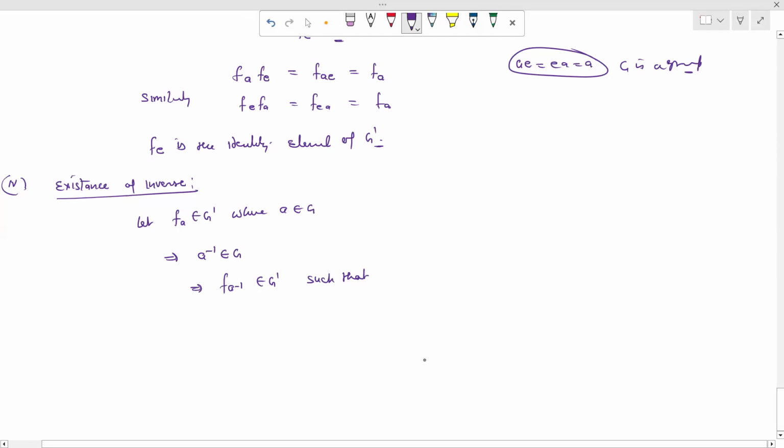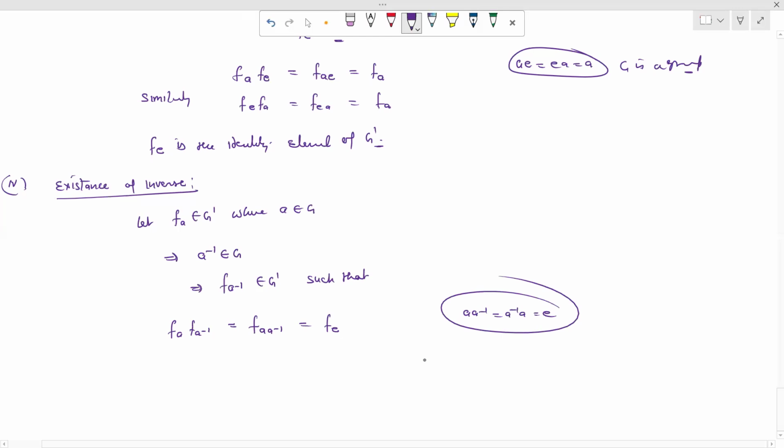So f(a) into f(a inverse) is equal to f(a into a inverse) by definition. This can be written as f(e), because a into a inverse equals a inverse into a equals identity.